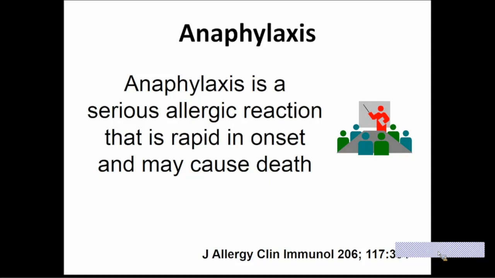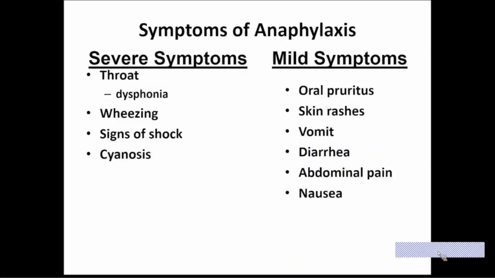But it really just points out that it's a clinical diagnosis. There isn't a lab test that you do that says, oh, this is anaphylaxis. The symptoms of anaphylaxis can include severe ones, which characterize it, which are listed here. But there are also mild symptoms, and sometimes we'll treat for anaphylaxis technically, even if there aren't more severe symptoms happening, to prevent progression to a more severe reaction.